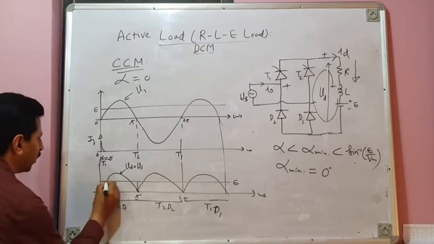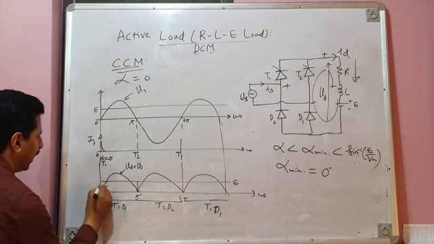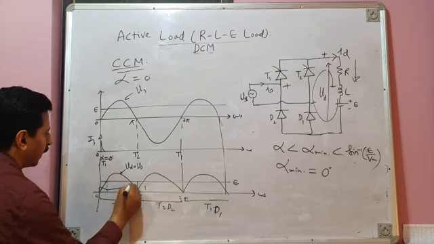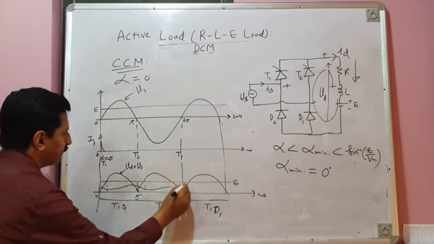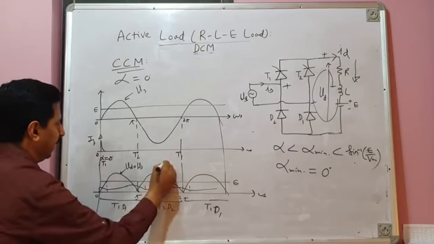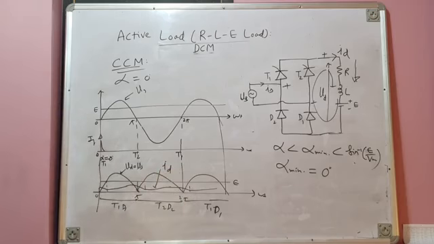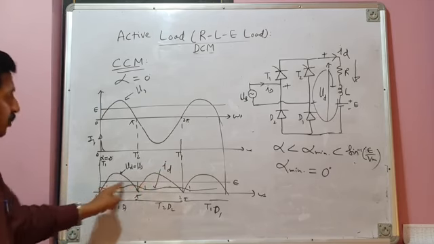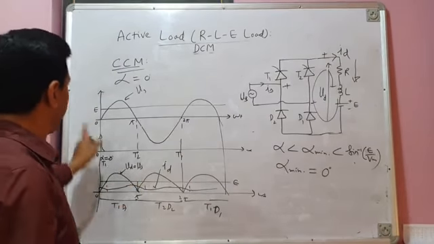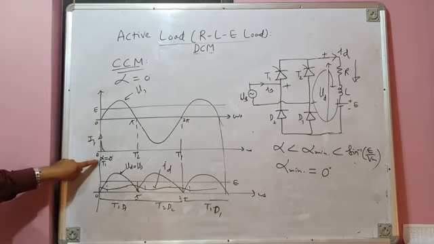Now what will be the pattern of current? The current will be like this: decreasing, increasing, then decreasing, increasing. This is ID. This waveform is true only if the current is continuous. If current was discontinuous, it is not possible to have alpha as low as 0 degree.